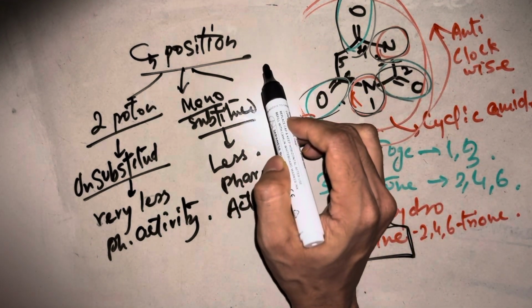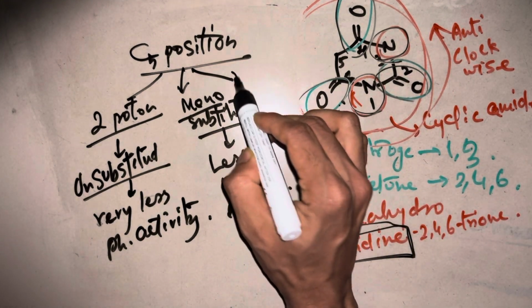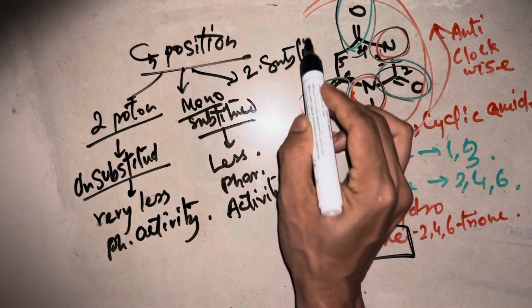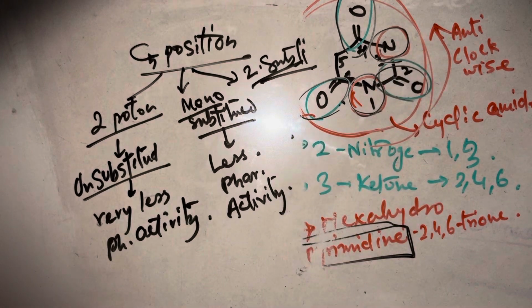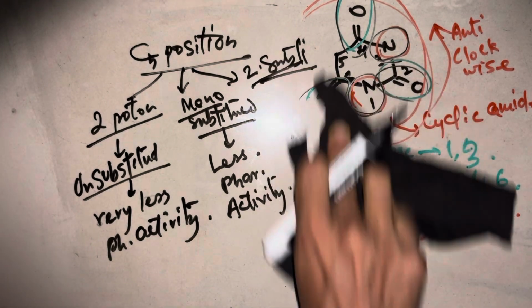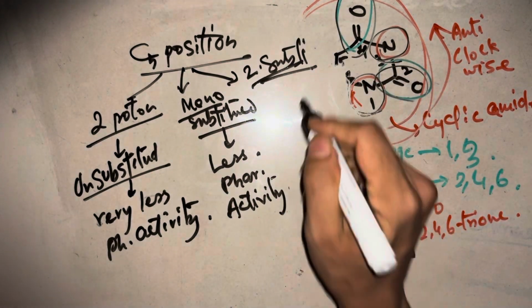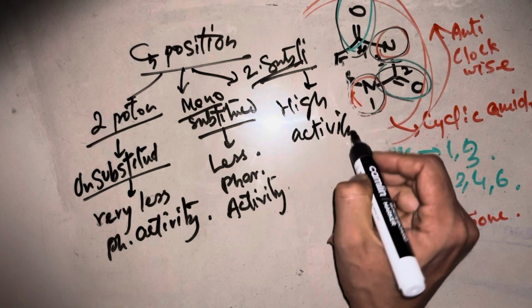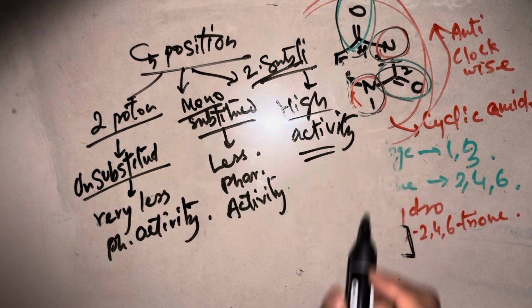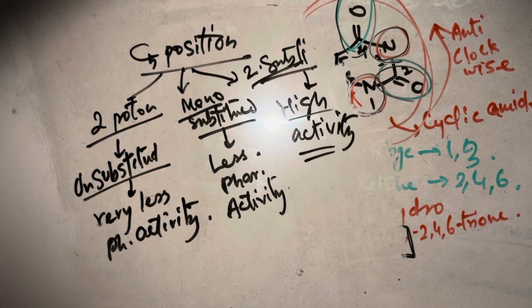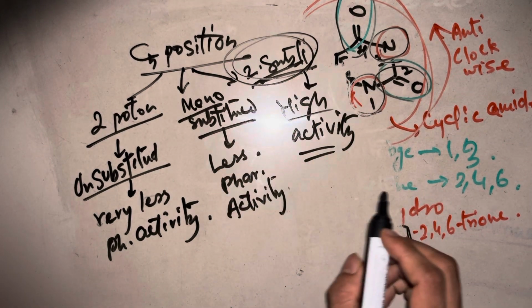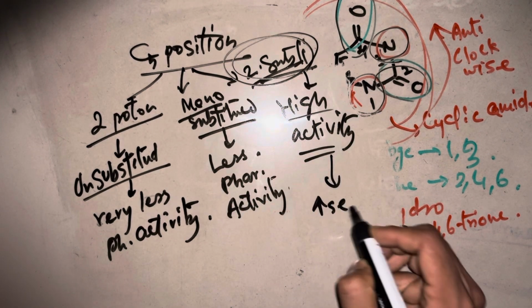If both are substituted, that is disubstituted, then high activity will be there. So if the fifth position is substituted with two alkyl groups, the pharmacological activity will increase.